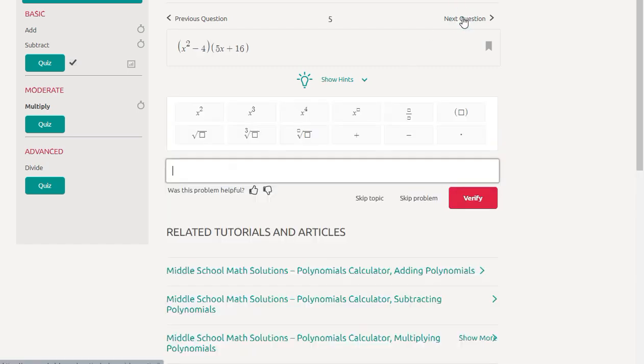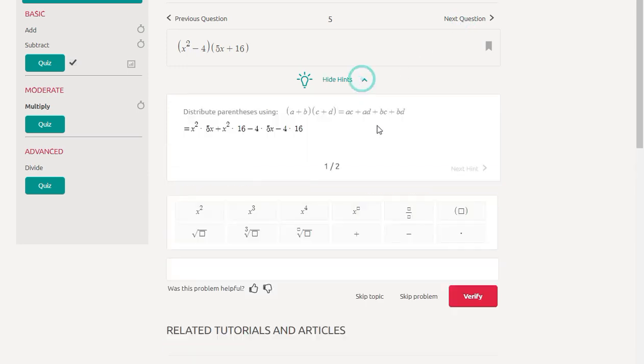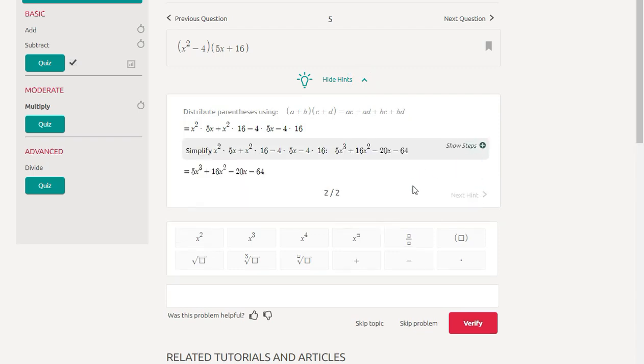Now we look at another, larger example, like this one. This is a bit larger. So now we have x squared minus 4 and 5x plus 16. In this situation, we use the same method as shown over here. This is just for your reference, but don't ever memorize this.